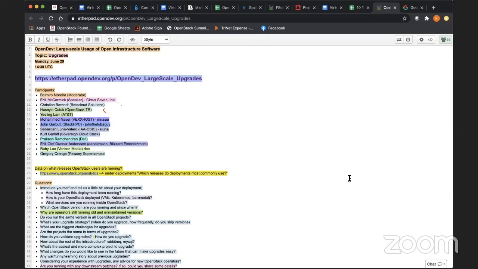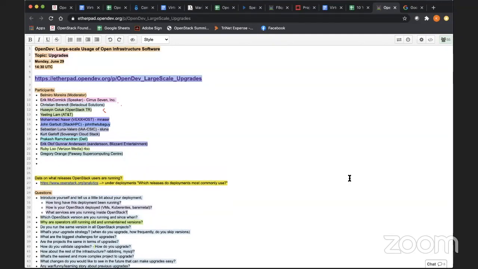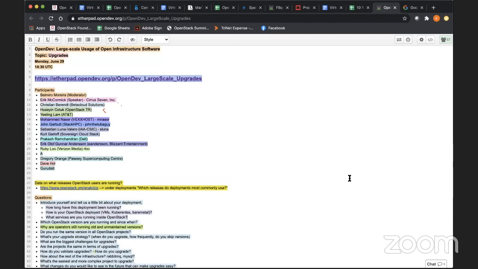And we have some clouds that have been running for a really long time. I think we have a cloud that's been upgraded since Diablo and it's still running today, which is really interesting and fun. I also sit in the OpenStack technical committee as the chair at the moment. And also I'm an OpenStack Foundation board member.